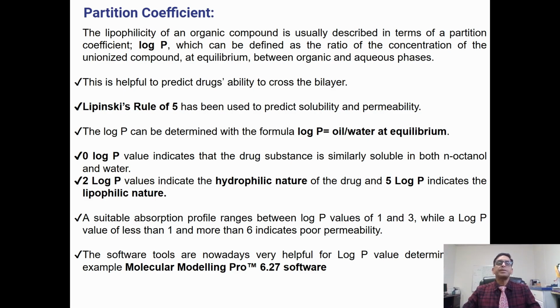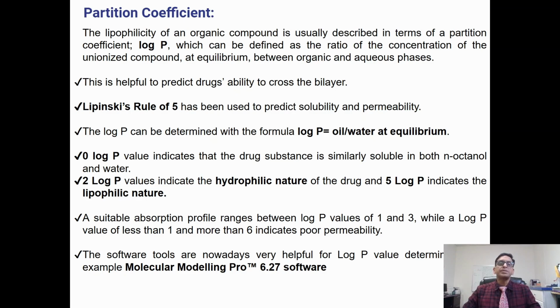The next parameter is the partition coefficient. The lipophilicity of an organic compound is usually determined in terms of the partition coefficient or log P value, which can be defined as the ratio of concentration of the unionized compound at equilibrium between the organic and aqueous phase.